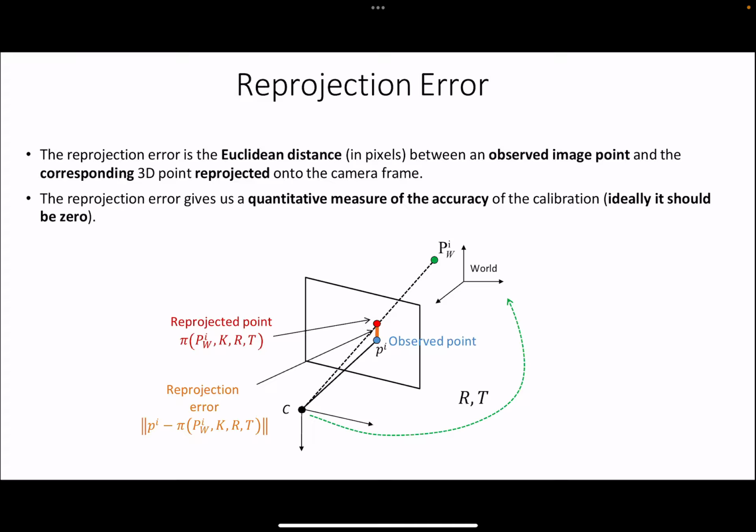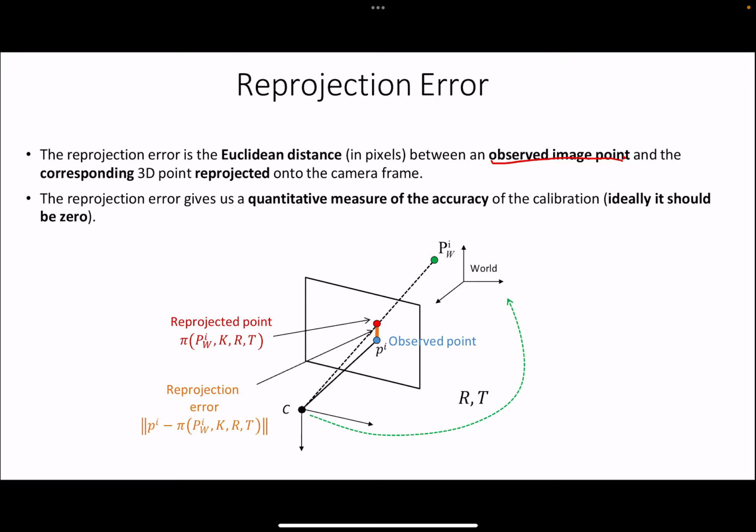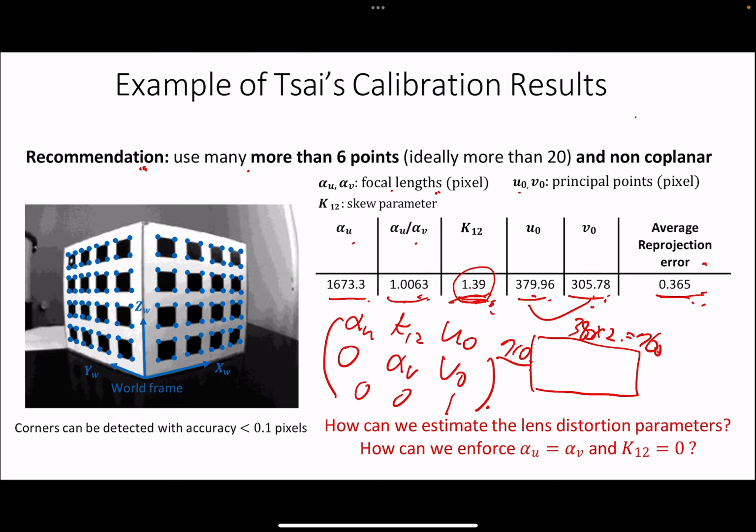The observed image point comes from an image pre-processing algorithm, like a corner detection algorithm. We assume we know the 2D and 3D points, and the observed image point position is what we used for the initial method, and the corresponding 3D point is reprojected onto the camera frame. From this initial calibration, we know all the camera parameters.